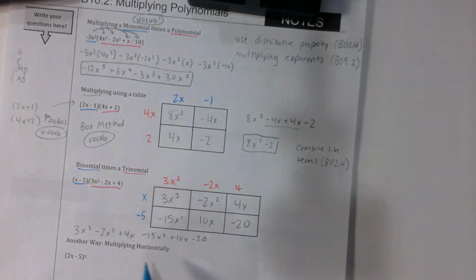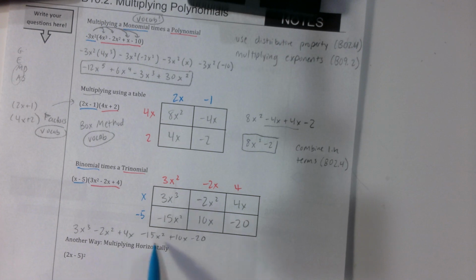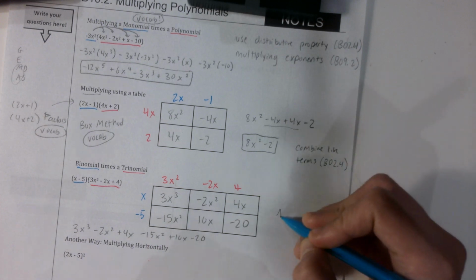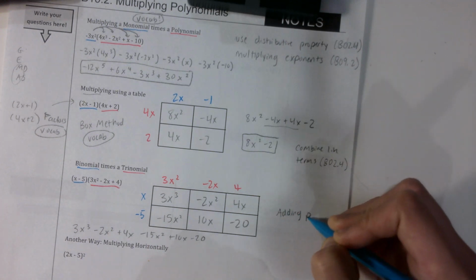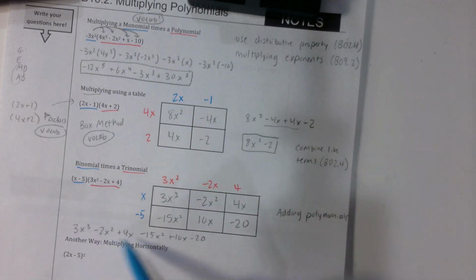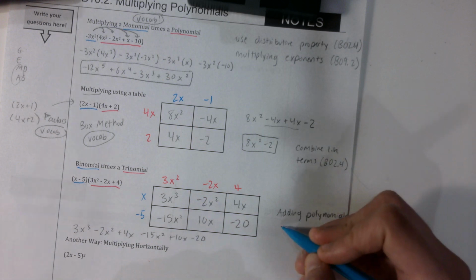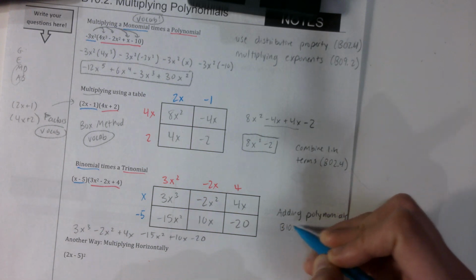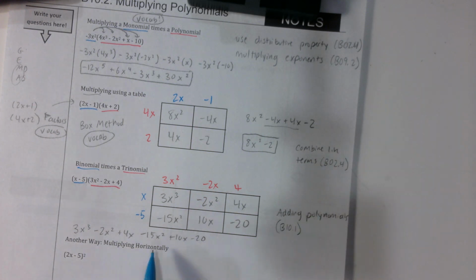So this is actually similar to adding polynomials, because we have all these like terms. We're sort of taking this polynomial plus this polynomial, and that was lesson B10.1. That was right before this. So if you're having trouble with this step, maybe take a look at this video.